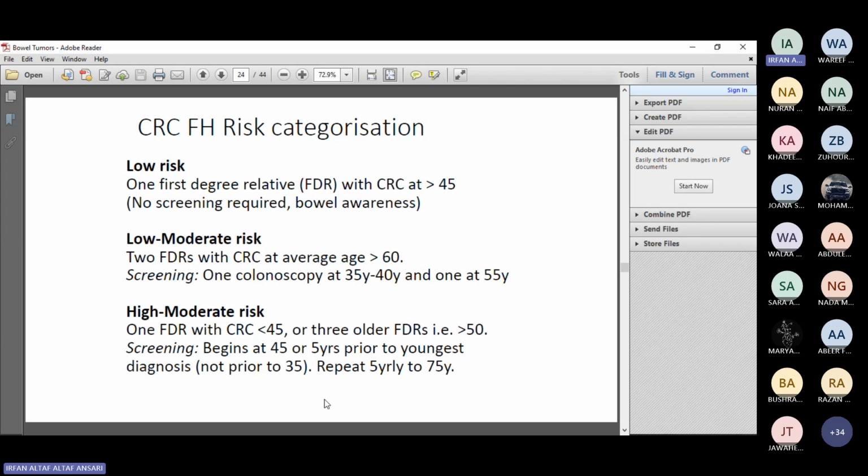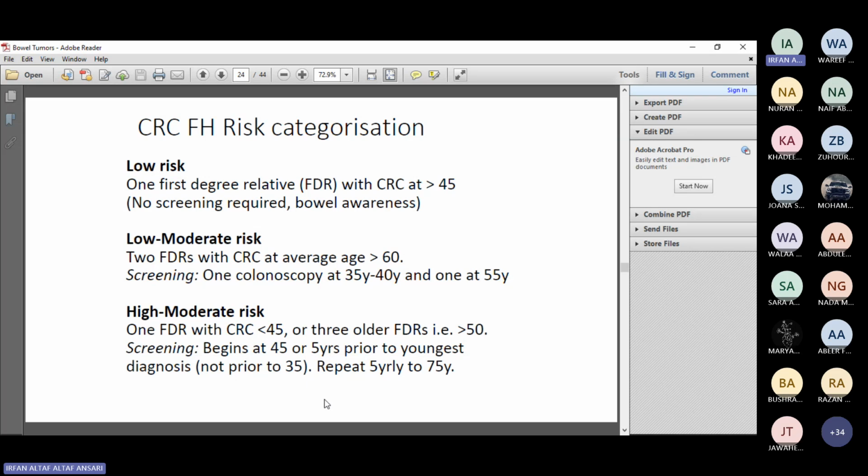Low moderate risk: two first degree relatives with CRC at average age of more than 60 years. You need to have screening in this case: one colonoscopy at 35 to 40 years of age, and one at 55 years of age. High moderate risk: one first degree relative with CRC less than 45 years of age, or three older first degree relatives more than 50 years.